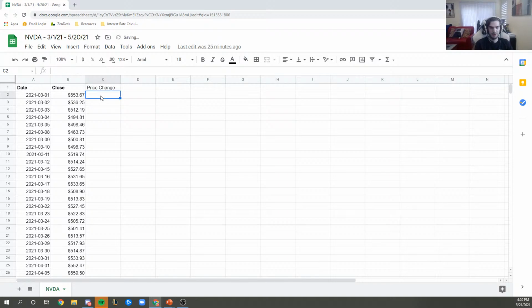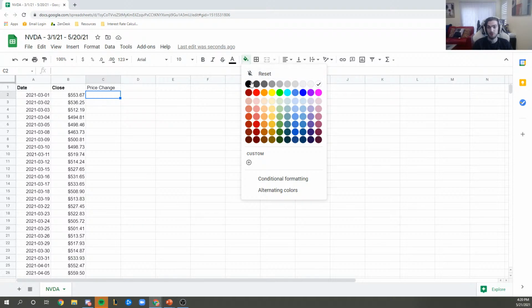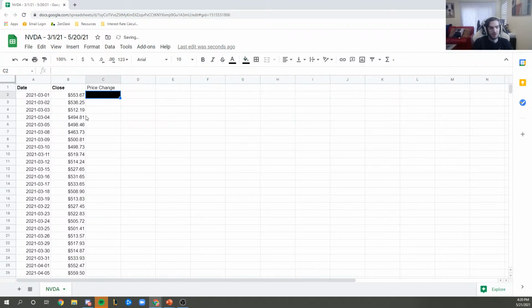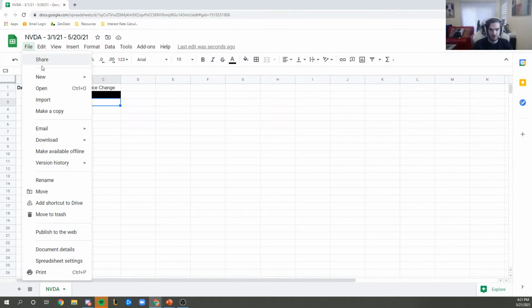What this is looking at is the close price minus yesterday's close price. Of course, to do one minus the other, we need two things. So you can't do a price change, you can't do any change equation, for the first value. So we start here. We're going to type our equal sign so we know we're here. Let me make this a little bit bigger.